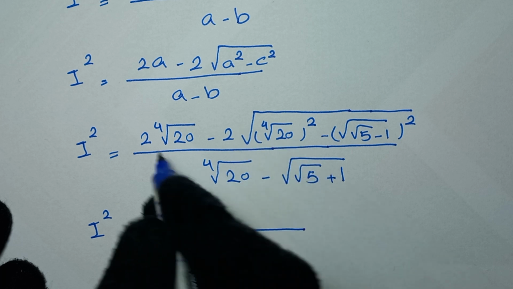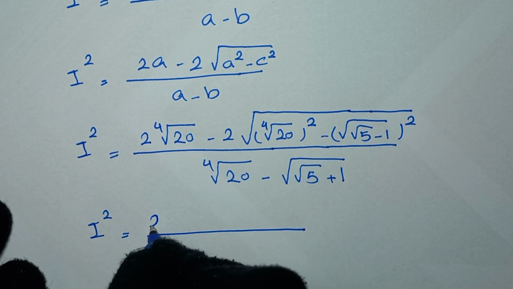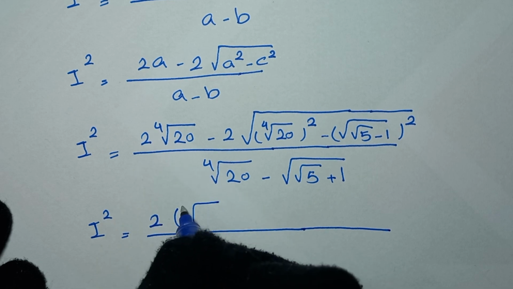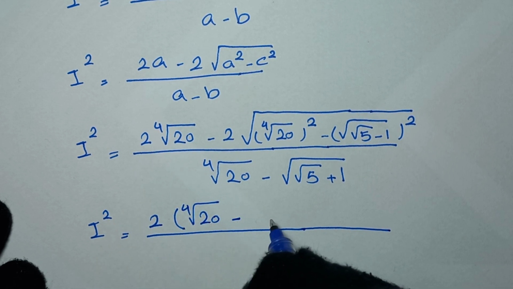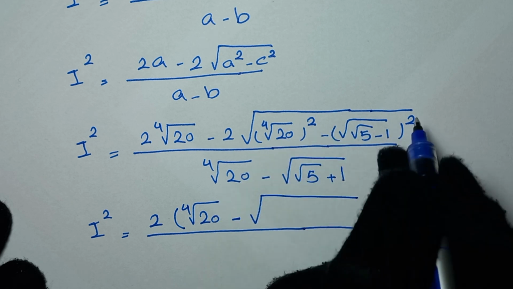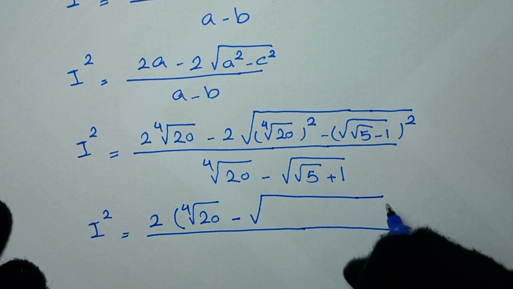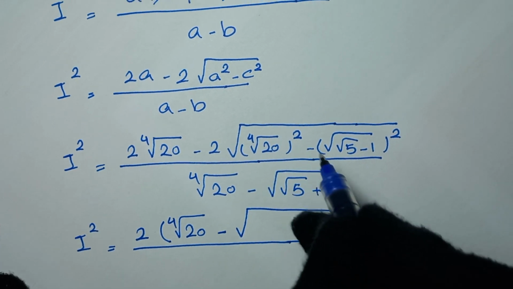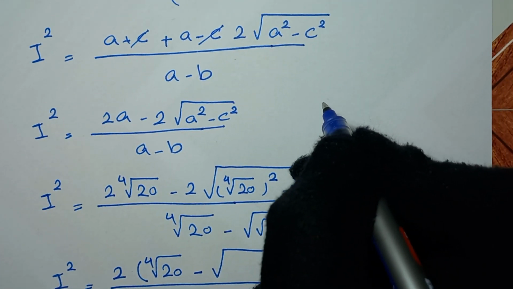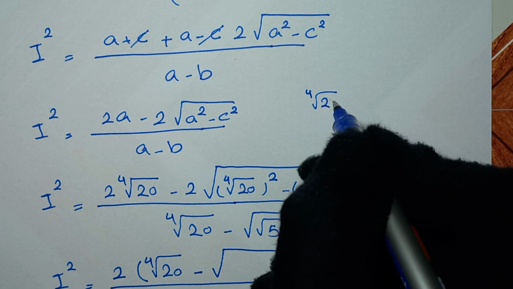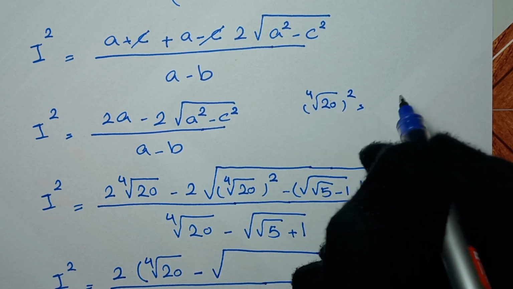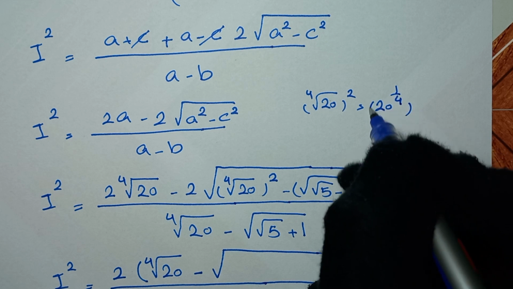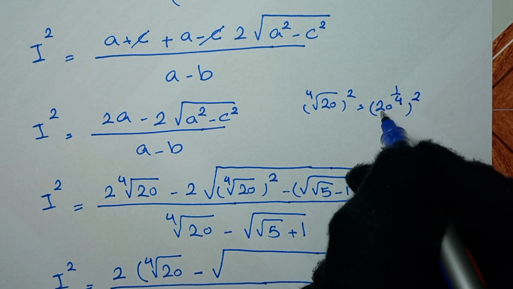from these two parts we can factor 2, 2 is common, so 2 times fourth root of 20 and minus this square root, right? So minus, in here we have fourth root of 20 to the power of 2, which we can write as 20 to the power of 1 over 4 and to the power of 2, right? This is fourth root of 20.